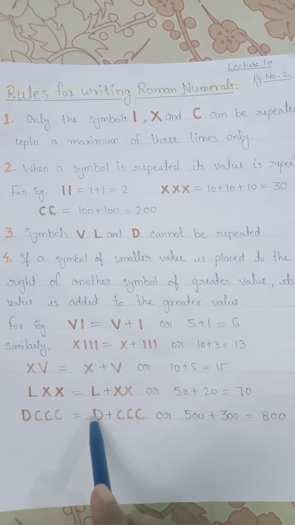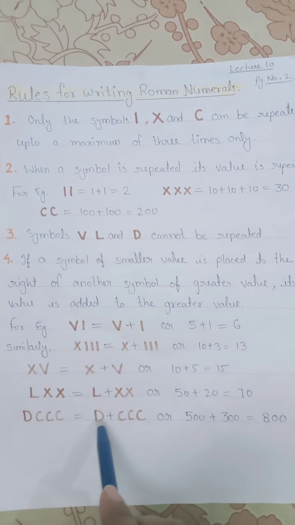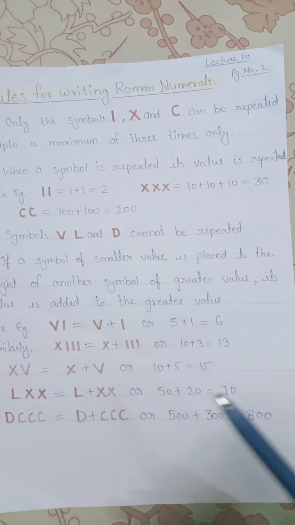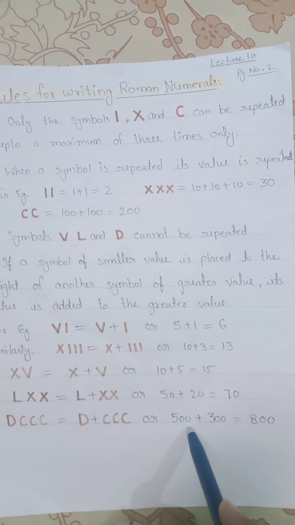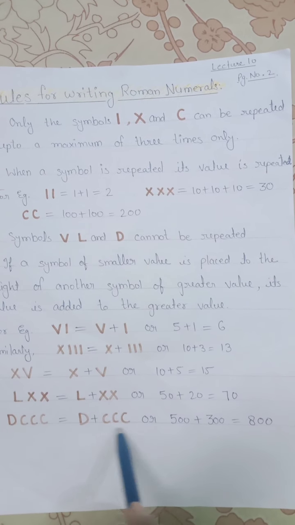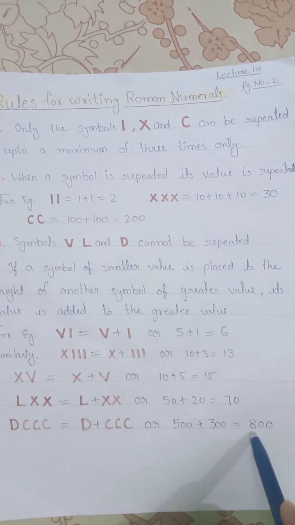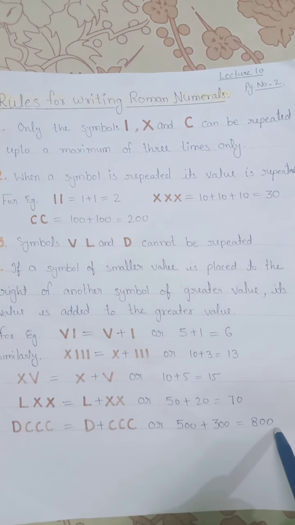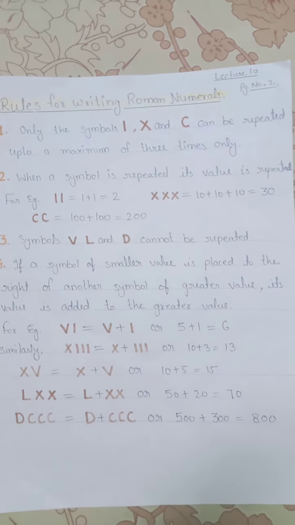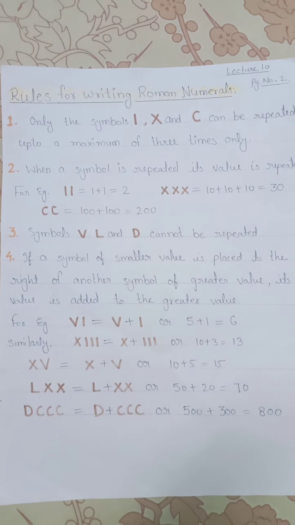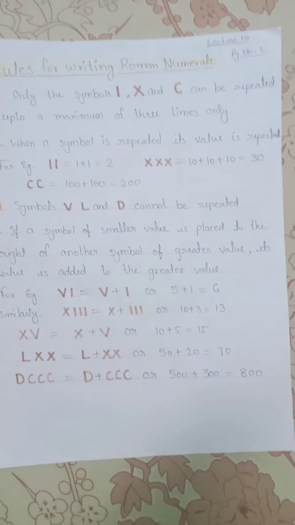So look here, DCCC will be D plus CCC. If we want to convert it into numerals, then write here 500 for D. Triple C means 300. Then what numeral do we get here? 800. Okay. So students, please repeat it again and again to understand the topic clearly.